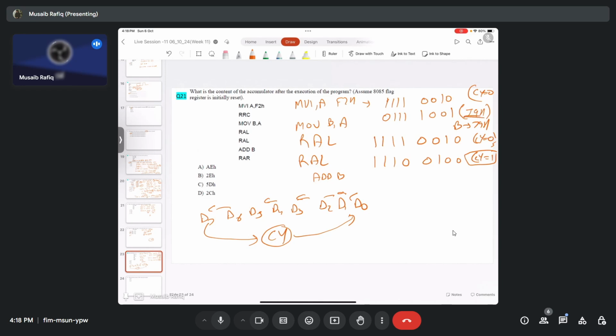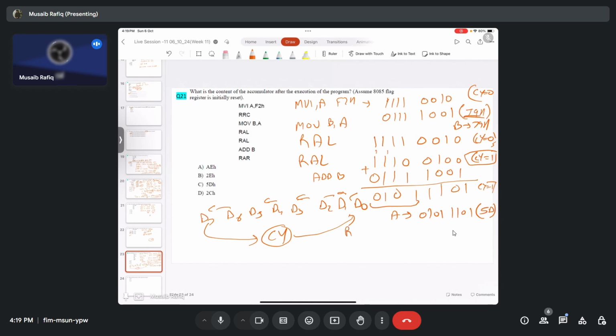So I write 0 1 1 1 1 0 0 1, and I have the addition operation, so it will be 1 0 1 1 1 0 1, and carry will be 1. So A is equal to 0 1 0 1 1 1 0 1. That is 5D, right?